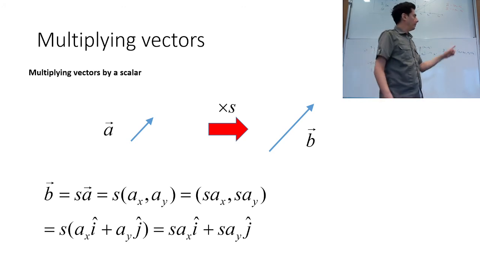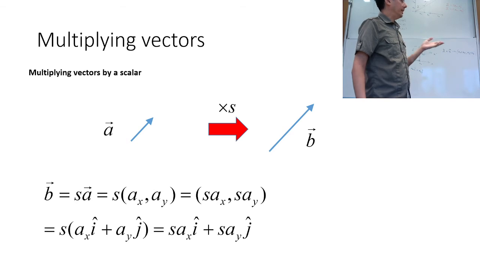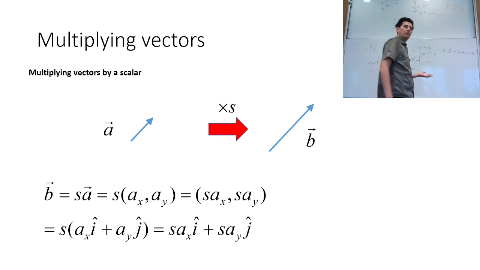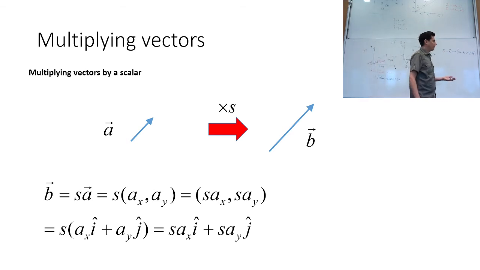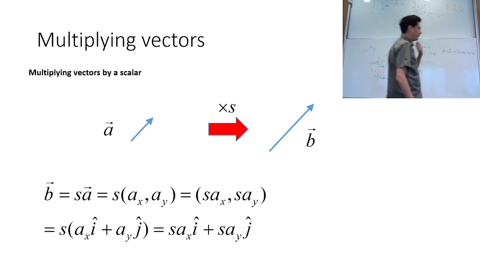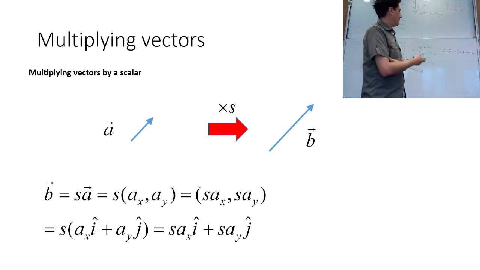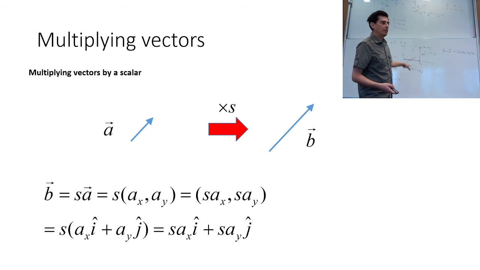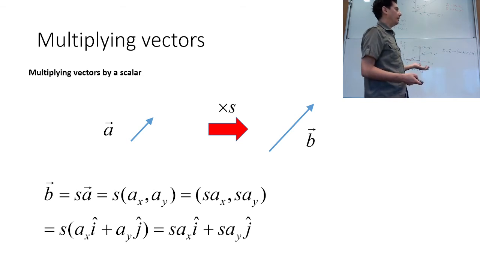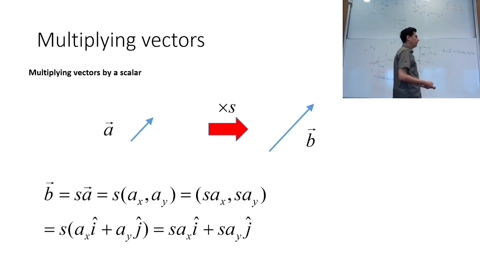There are different types of multiplication when you are talking about vectors. The easiest type is the one that we've already encountered, which is when you multiply a vector by some scalar. A scalar is just a number.